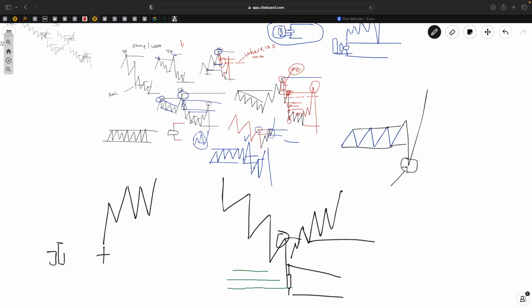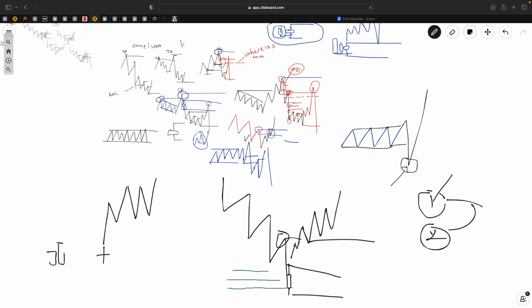One of the purposes of a pullback is for the market to clear liquidity. That is number one rule. Number two is to fill imbalance, which is a sort of inefficiency in price. Sometimes the market will do both at the same time, but sometimes the market would just take out liquidity and not fill the total imbalance.